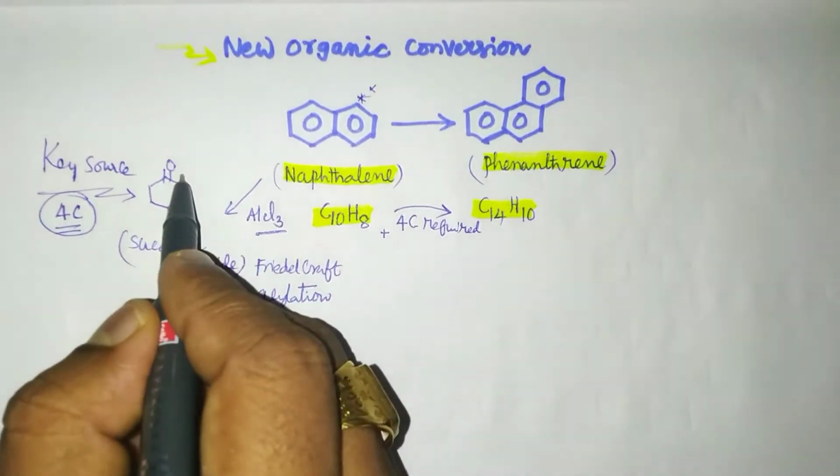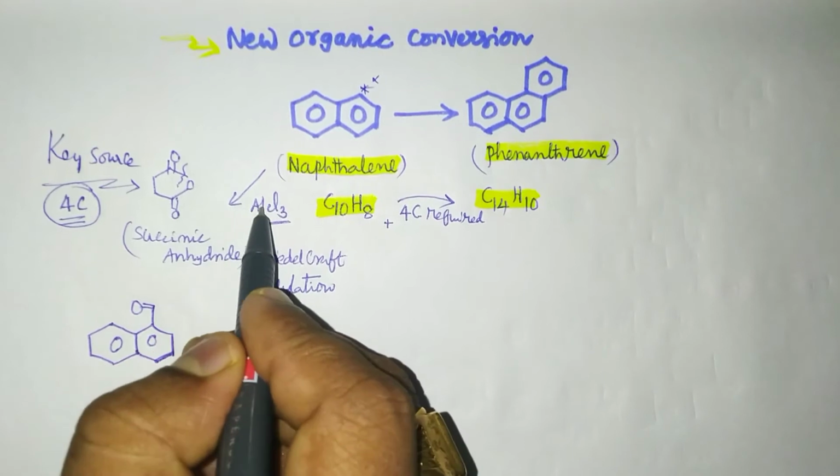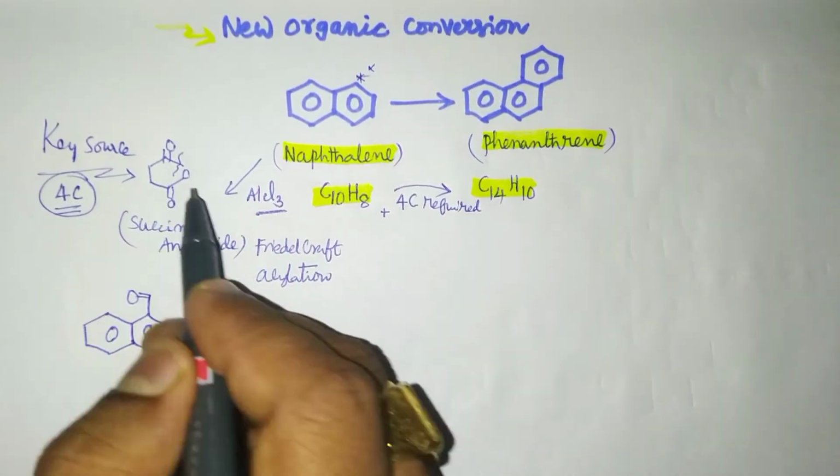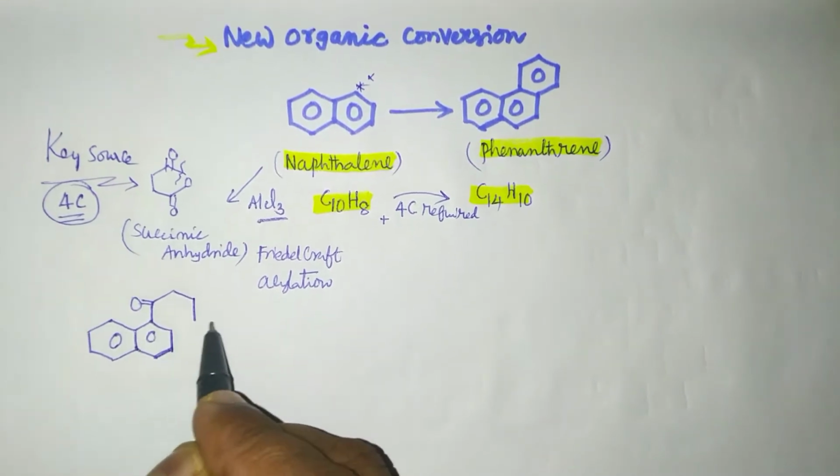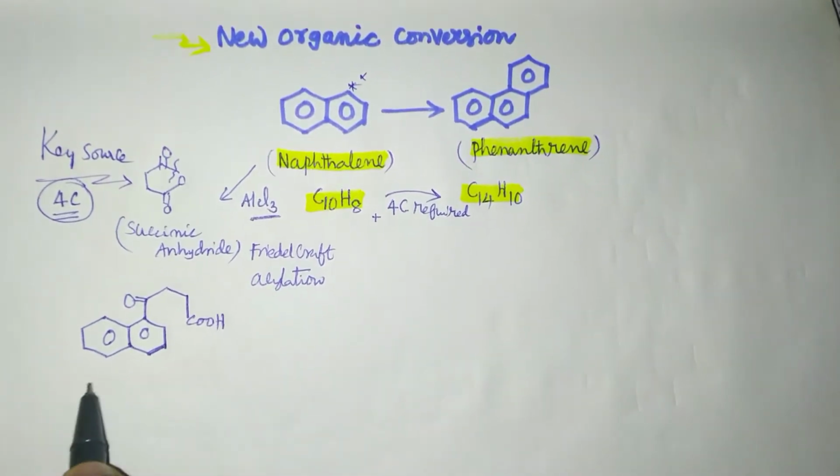So this is the generation of the acyl group in the presence of AlCl3. So this attacks here to form a gamma keto acid.